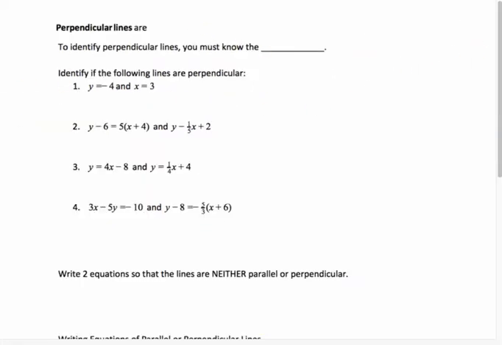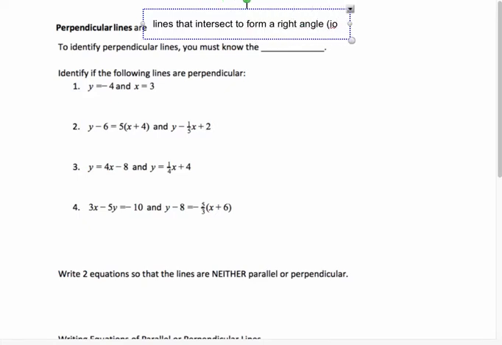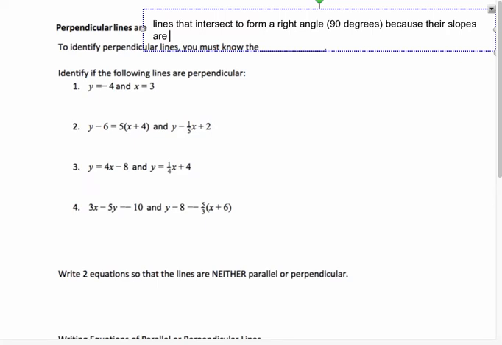All right, now let's talk about perpendicular lines. Perpendicular lines are lines that intersect to form a right angle, which is 90 degrees, because their slopes are negative reciprocals.